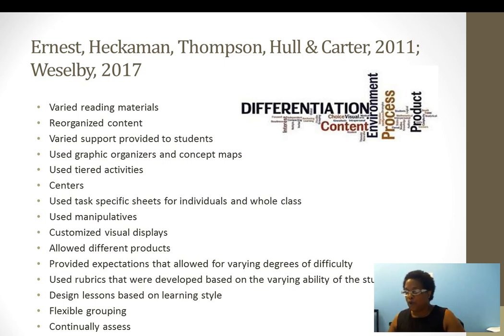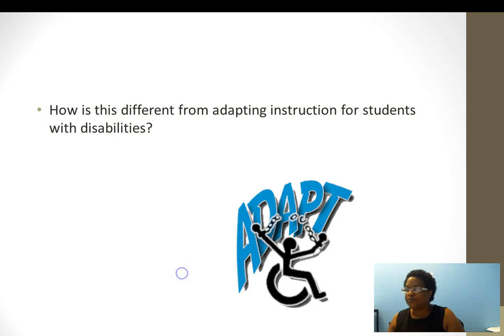But what I'm proposing here, what I'm presenting to you, is what I found as I looked through the research of what is a differentiated classroom, what does it really mean, and this is what most of the research is showing, that these things that are listed are what differentiation really is and what you should see in a differentiated classroom.